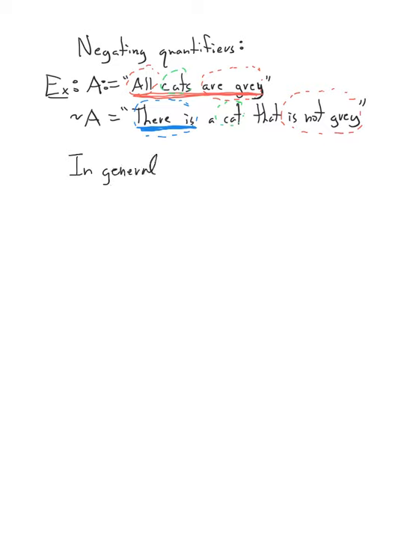So if we have something like all P are Q, the negation of that changes the "all" to an existential quantifier, so let's say some, or there is, or at least one. The object stays the same, so some P, and we're going to just negate Q. So it's going to be they are not Q.